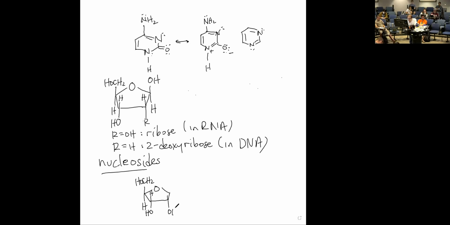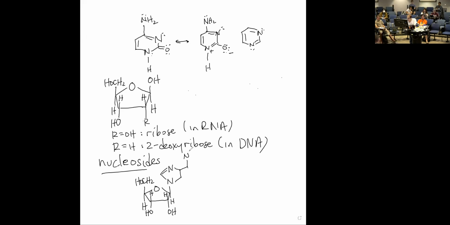And maybe I'll make this ribose so that it has an OH over here. And then up here, instead of the OH group, we're going to replace that with one of the nitrogens in the nitrogen base. And maybe I'll do one of each type. Let me just for fun put an adenine in here. In adenine, it's going to be this nitrogen over here that gets involved.